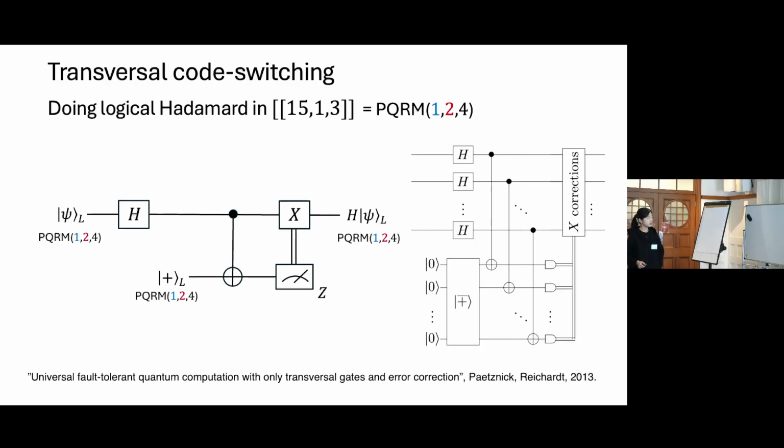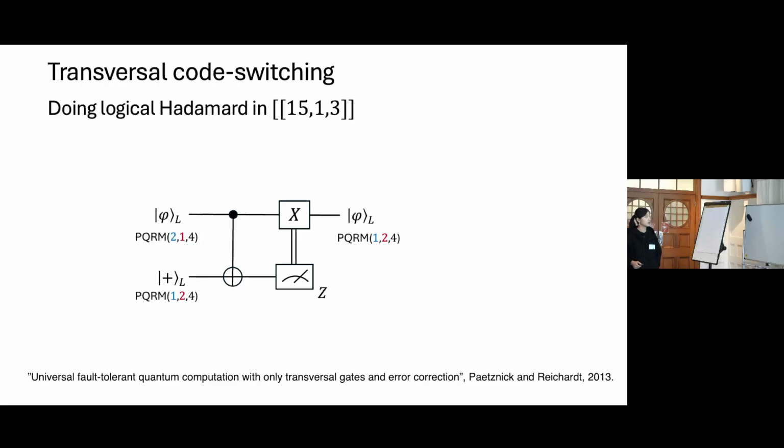So you end up with this code actually, like 2-1-4. And the logical state is actually Hadamard times this ψ. So now basically you are just doing code switching from this code into the original code. So let's just rewrite the state as φ.